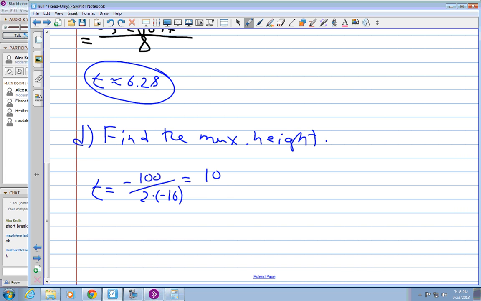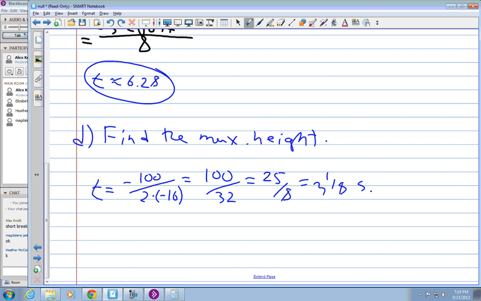So it is 100 over 32. Negatives cancel. And I can again reduce everything by 4, so it's 25 over 8, or 3 1/8 of a second. So that's how long it took to get to that highest point.